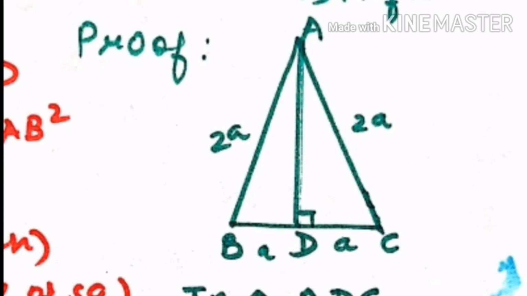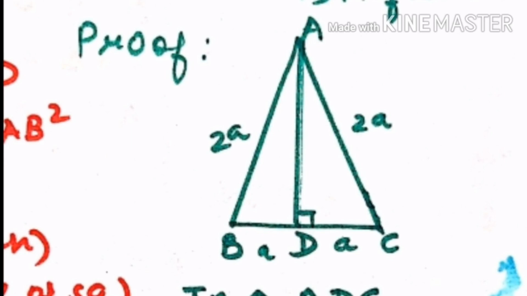Now there is a property that whenever a perpendicular is drawn from the vertex A to the opposite side BC, it will divide the side. So here the BC side length is 2a, but that perpendicular AD is dividing it, and so I have written a, that is, BD and DC are equal parts and they are small a.